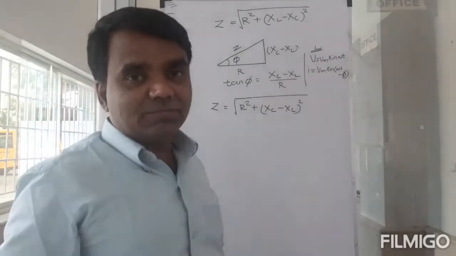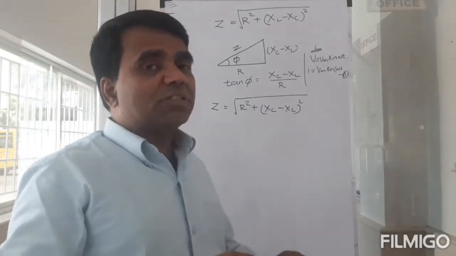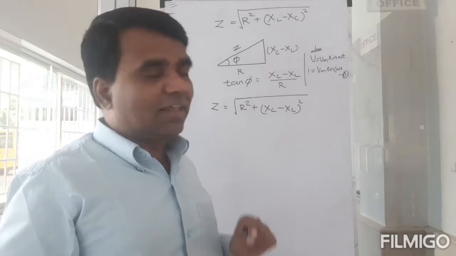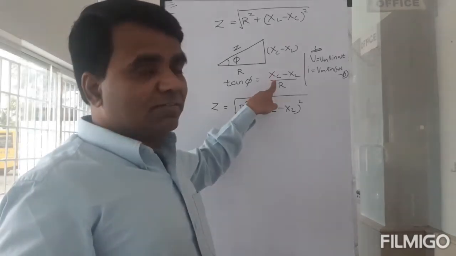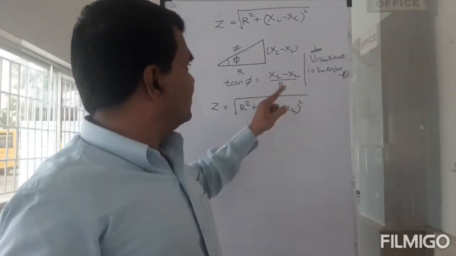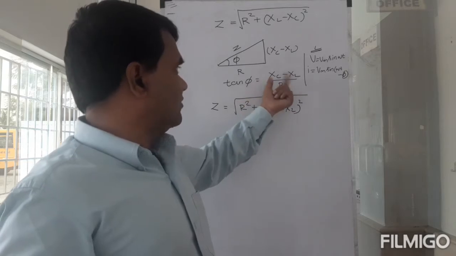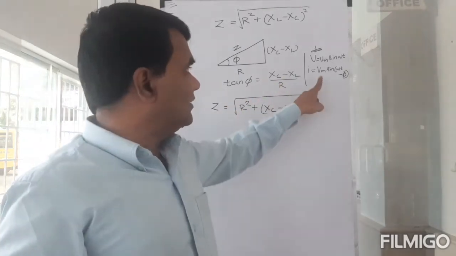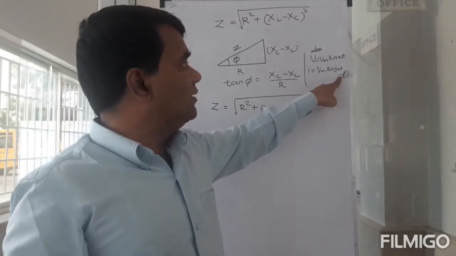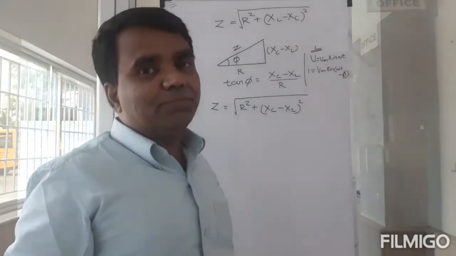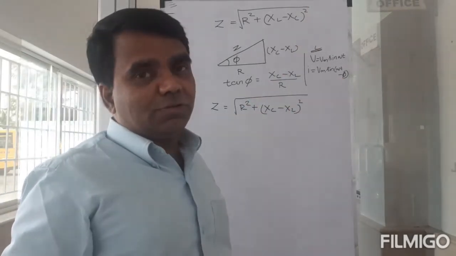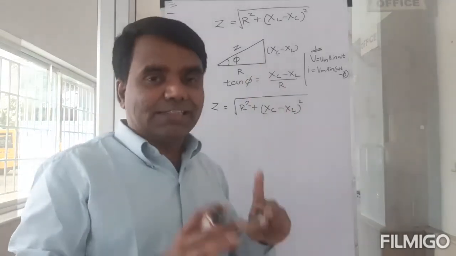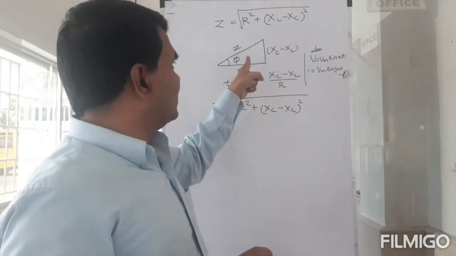Suppose it is a net capacitive circuit, then XC will be greater, XL will be smaller, and tan phi will be a positive number. Then phi will be positive, meaning the current will lead the voltage.